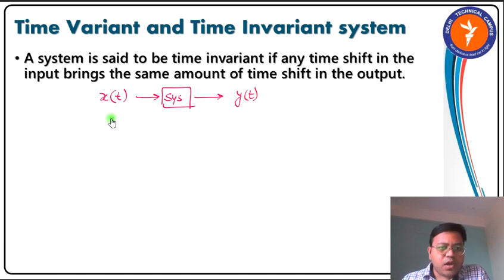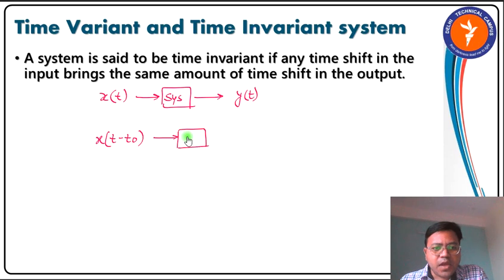Now if instead of x(t) we input a signal x(t - t0), that is a delayed signal, into the same system, then for this system to be time invariant, it must produce an output which is also time delayed by the same factor by which the input has been delayed.